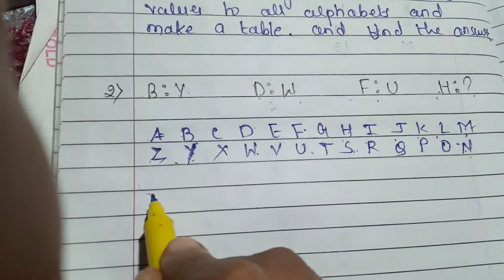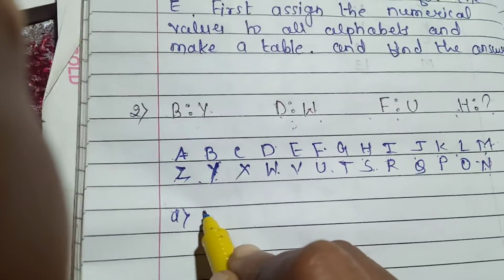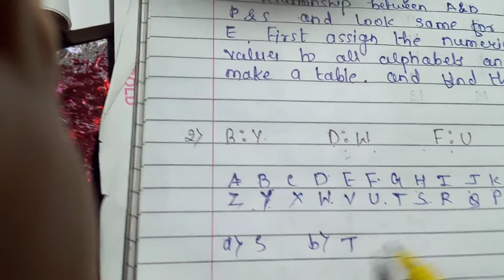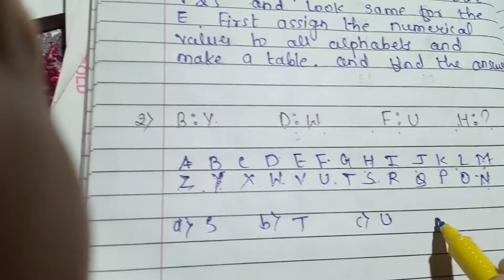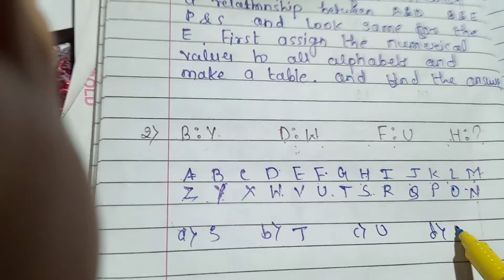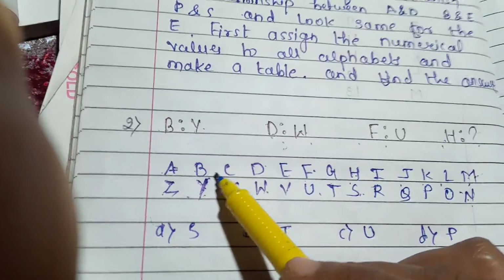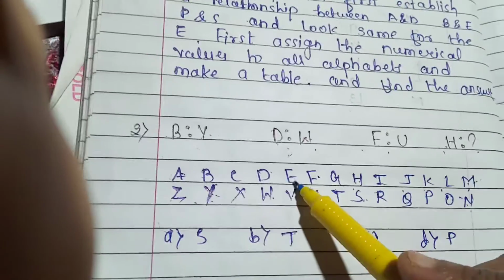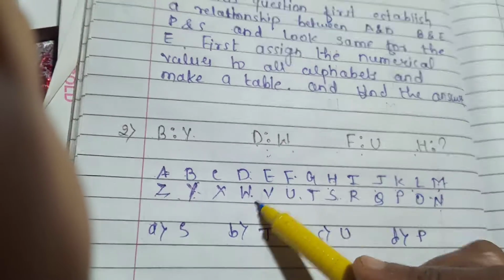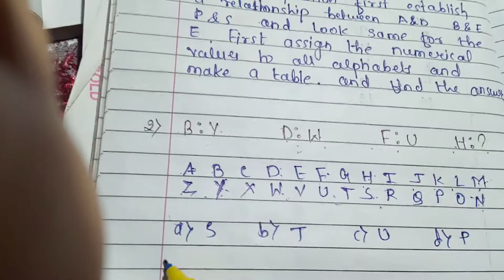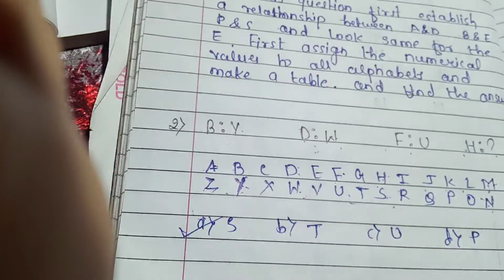So the options are: option A is S, option B is T, option C is U and option D is P. So see here, B's relation is Y, D's relation is W, F's relation is U, then H's relation is S. So the answer is option number A, yes.